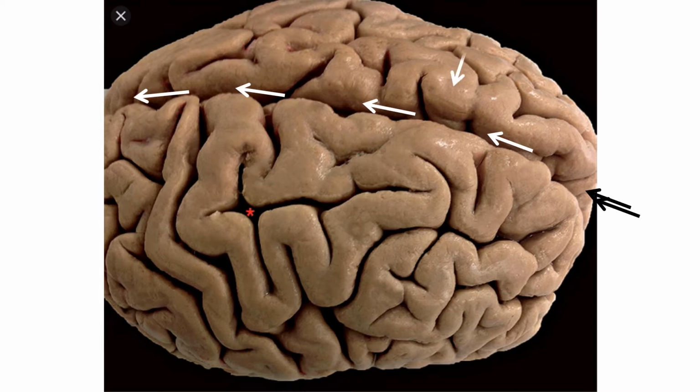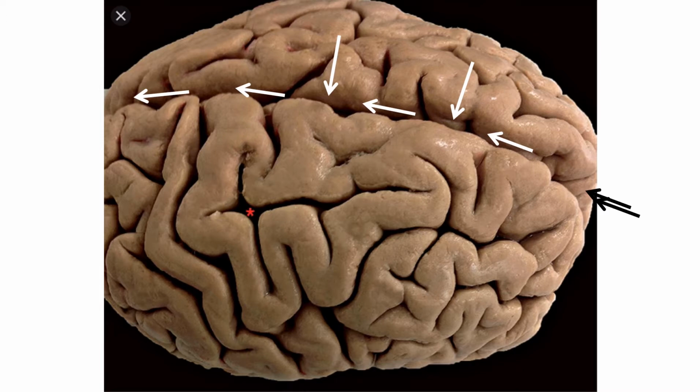Now this sulcus is so deep that it divides the cerebral cortex into two halves, and when you want to call it a sulcus, it doesn't fit because it is much deeper than a sulcus, and therefore this is called a fissure.